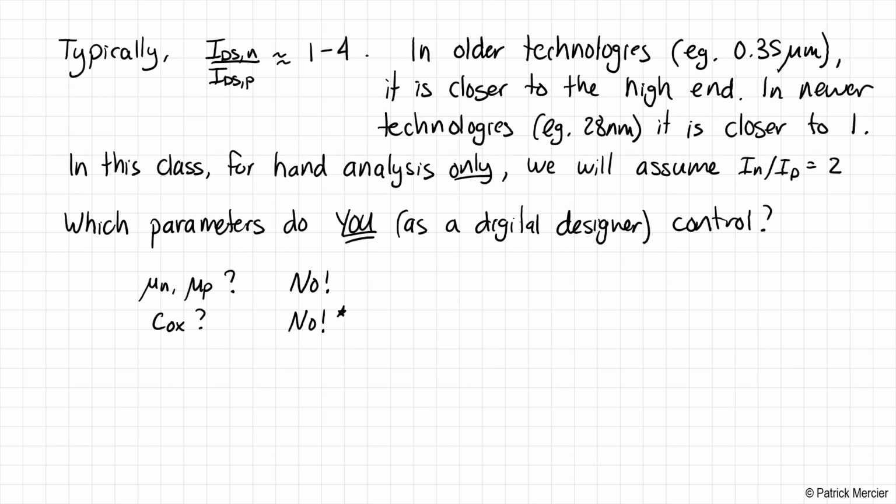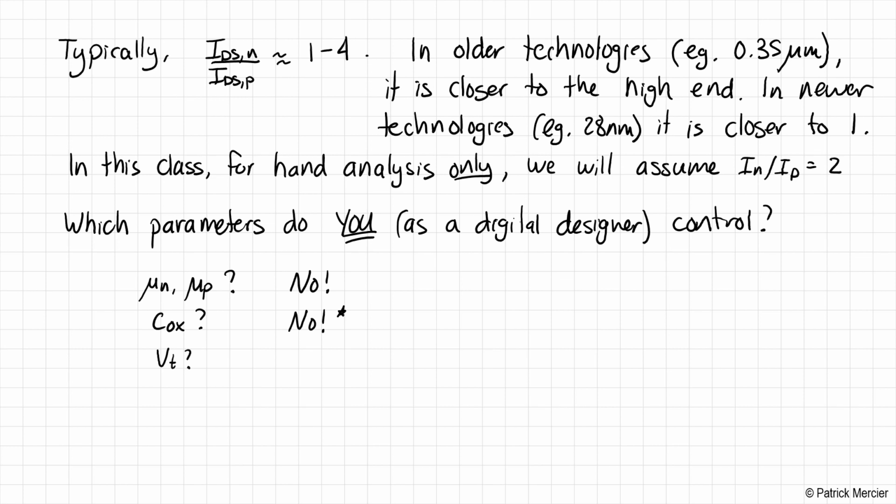But 1 volt is usually not enough to interface with the outside world, so we often have a second class of transistors called thick oxide or IO transistors. These are devices with obviously thicker gate dielectric oxides, which allow them to operate at higher voltages. This is useful for IO. And so from that perspective, we do have maybe a choice or two of different Cox values, but really for digital design, we don't have any control over this.